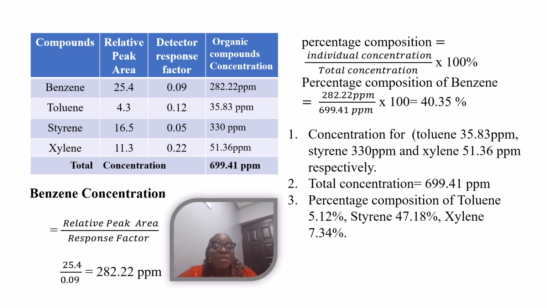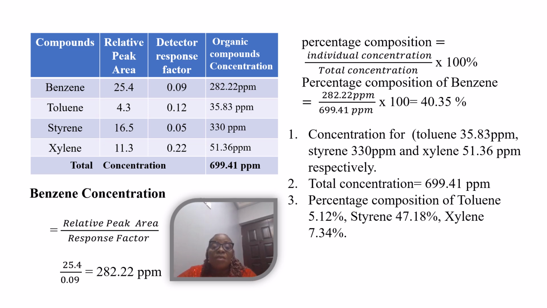You apply it into the equation. Benzene concentration equals relative peak area divided by response factor, which will be 25.4 divided by 0.09, and we will have 282.22 ppm.